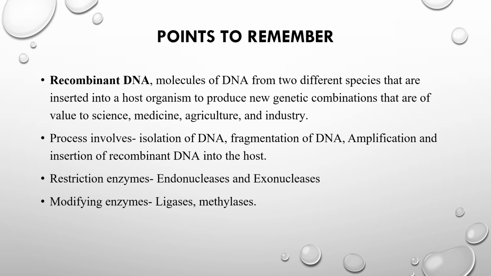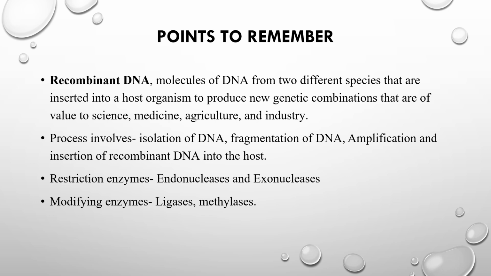Points to remember. In this unit, you have learned about what is recombinant DNA technology, how a recombinant DNA is produced, what are the processes involved in the recombinant DNA technology, and which are all the enzymes involved in the process.